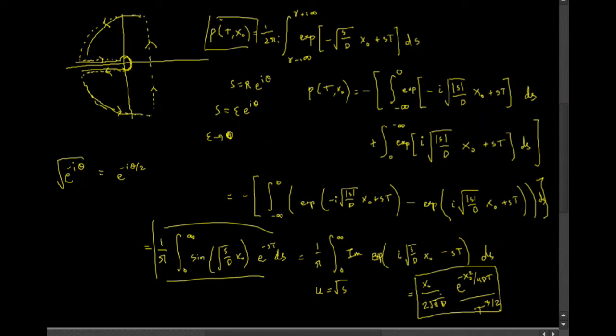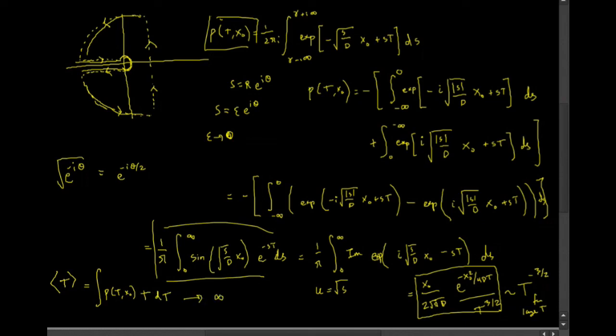And you'll note that for large T, this decays as t to the minus 3 halves. And so it decays as a power law, not as an exponential. So it decays rather slowly. And in fact, the really pretty amazing thing, I think, is that this means that the mean of this distribution, the expected value of the first passage time, which would be the integral of P of t for some given x naught times t dt, actually diverges.